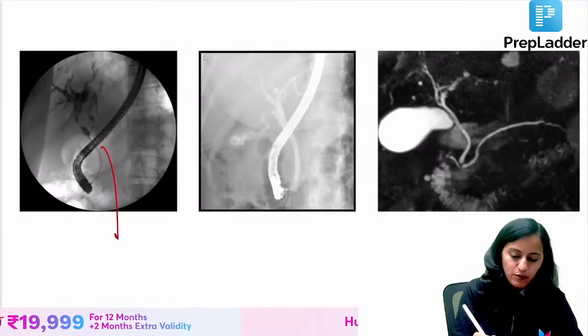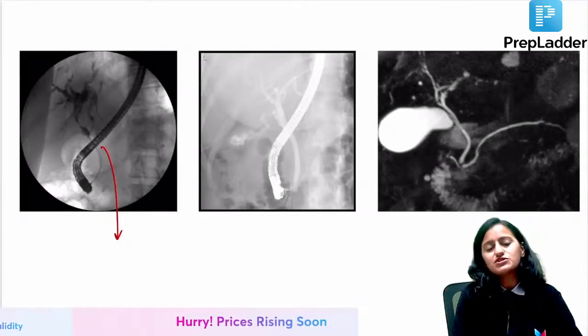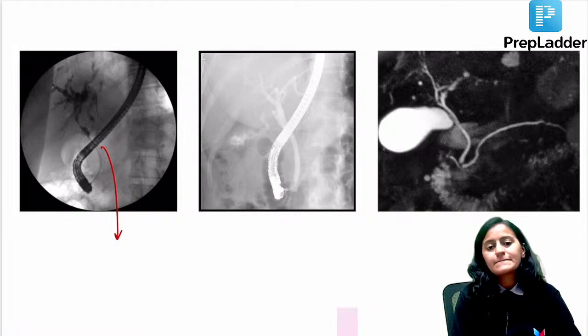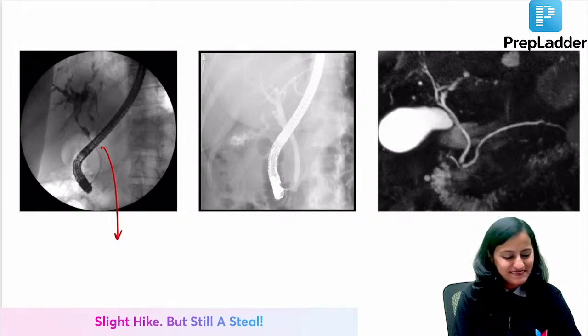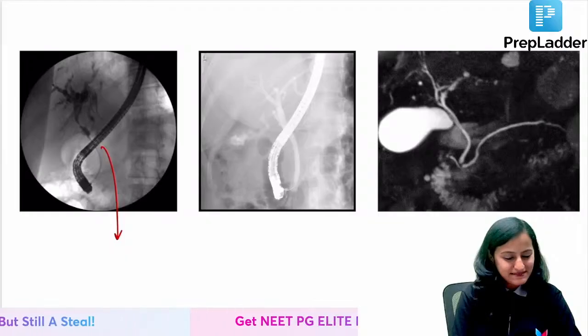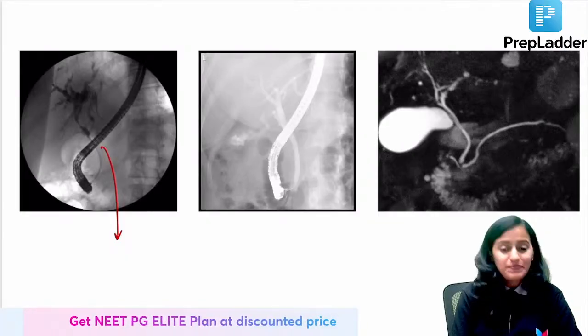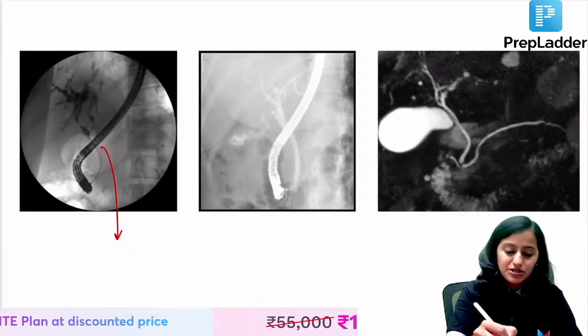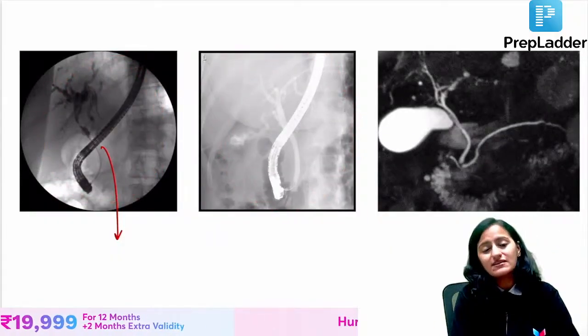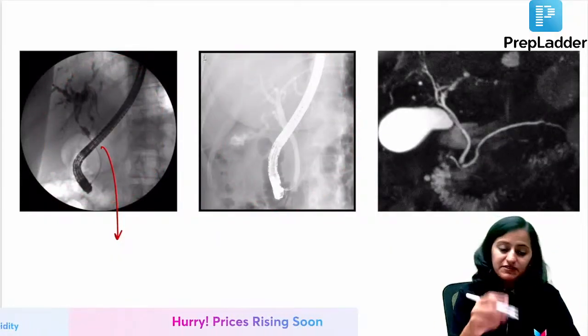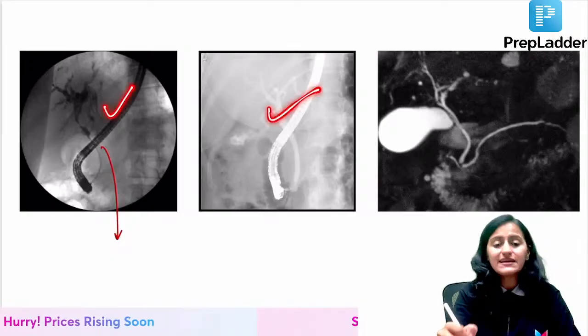Going to next one. First of all, tell me what is this investigation which is shown here? Very good. ERCP, right? So remember that image A is also ERCP, image B is also ERCP. Why is the first image appearing black and the second showing white?